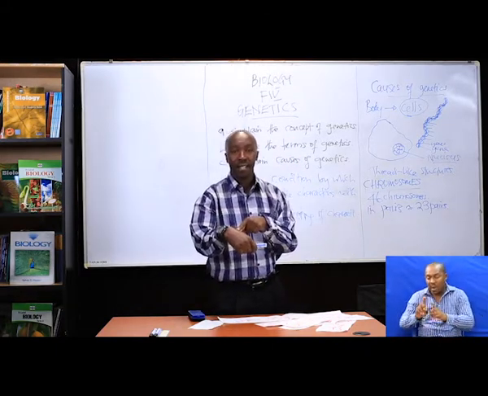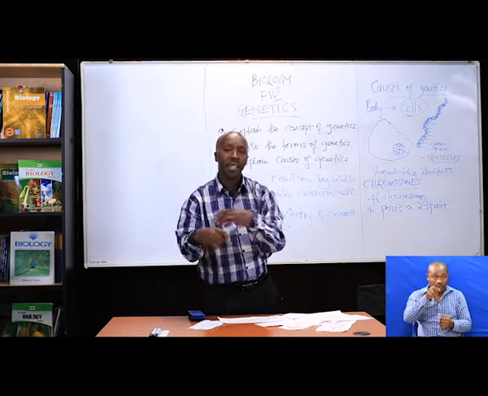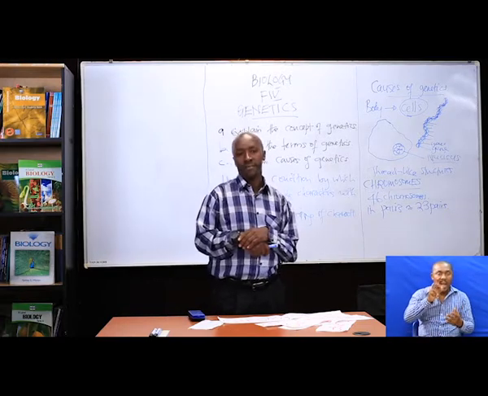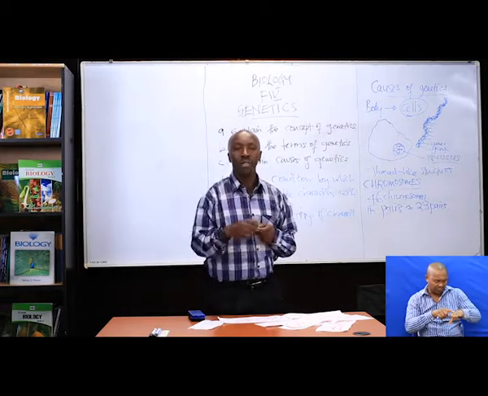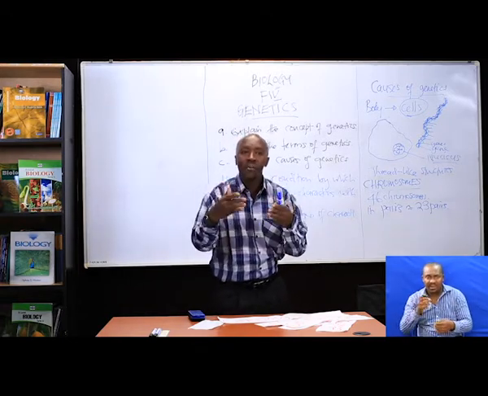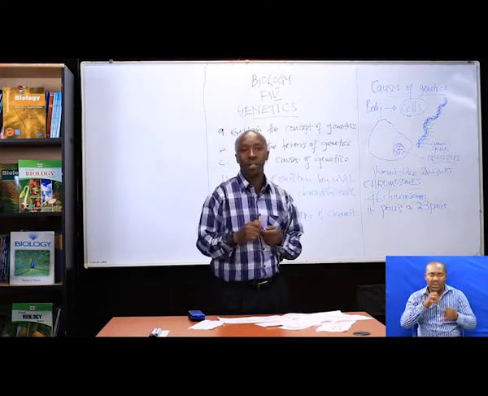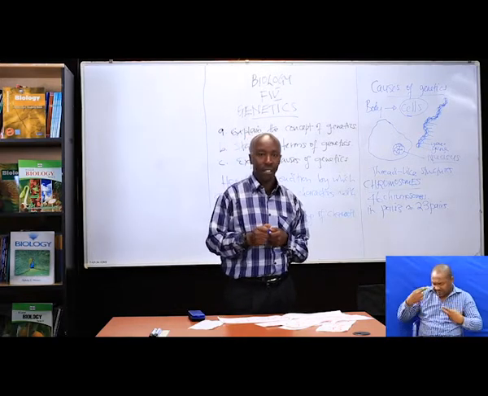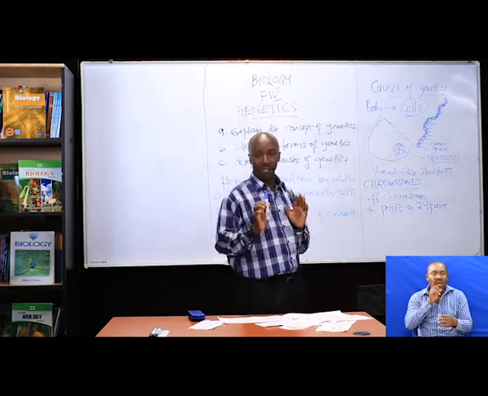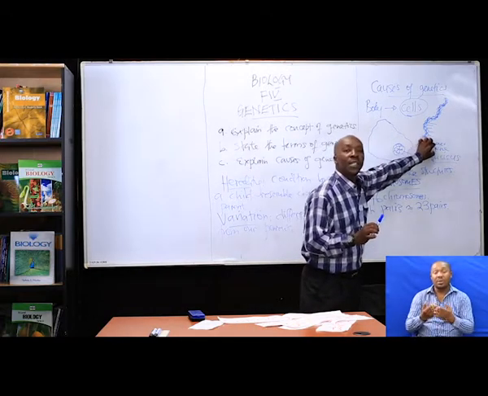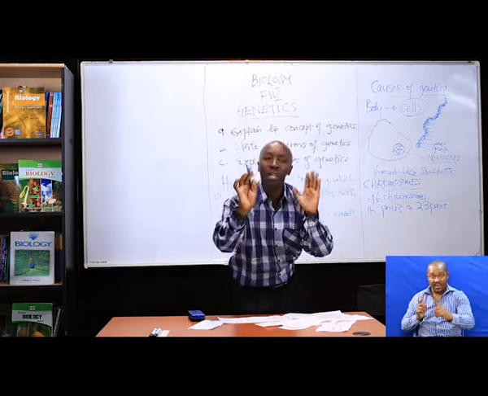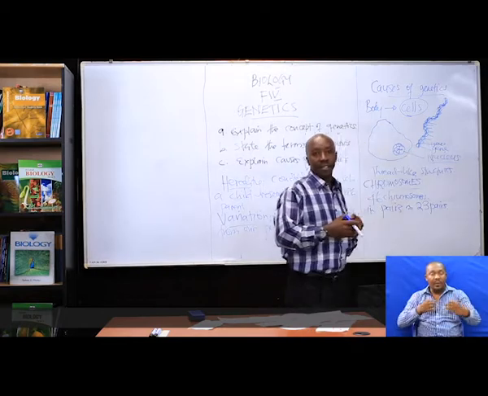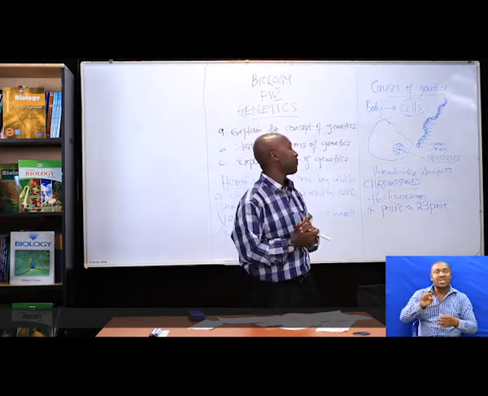If you are dark, and your father is dark, then where did you get this dark skin color? If your face resembles your mother's, then what happened to your parents until you resemble their face? It is the presence of these special biological units or segments. They are called genes.